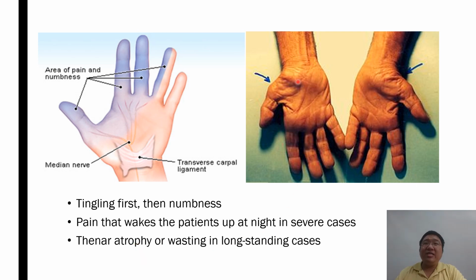Early in the course, we may advise the patient to do physical therapy, which helps a lot. But when there is thenar muscle atrophy, the treatment option is only surgery, and the surgery does not guarantee that the muscle will become full again, will become strong again after surgery.